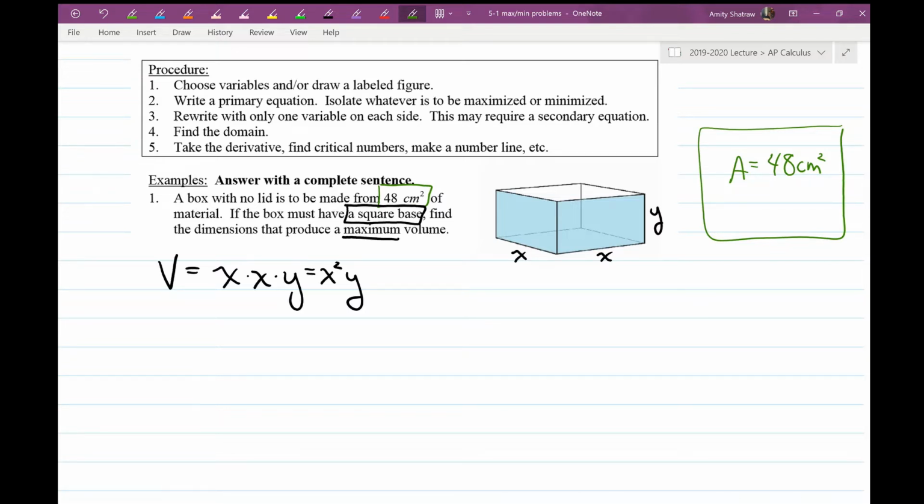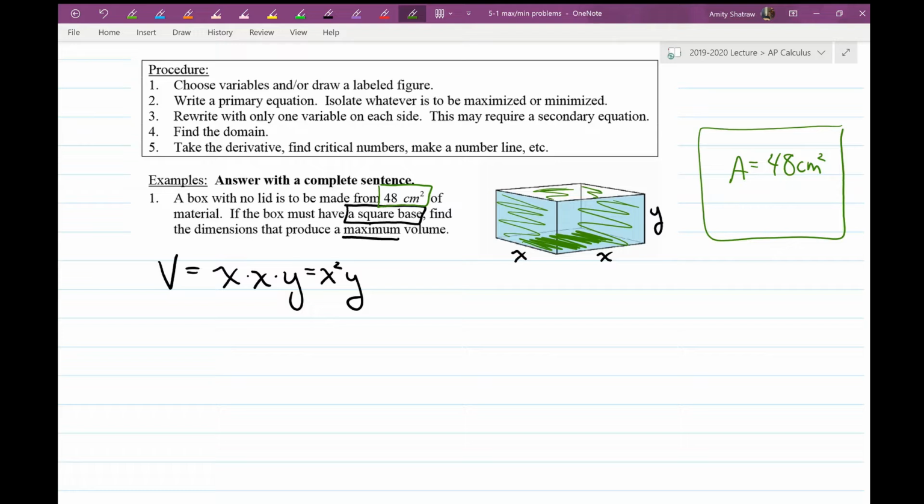So if I know the area that I'm working with, I could think about the area of this piece and that piece and the back piece and the other back piece, and don't forget to add the bottom one too. Those five sides added together, if I take the surface area of each of those pieces, should give 48.